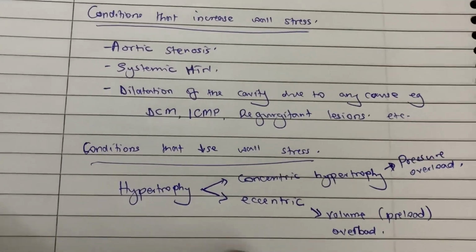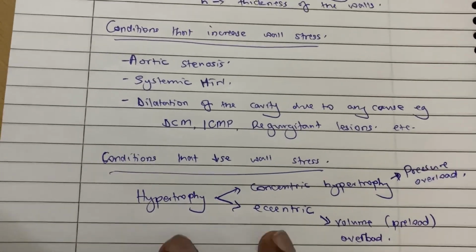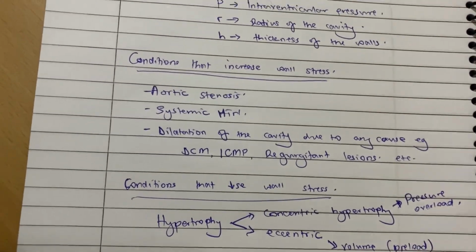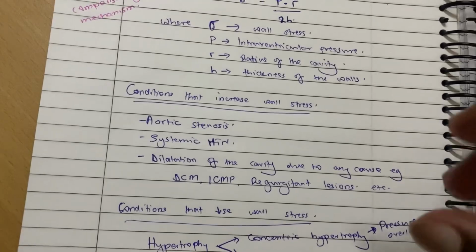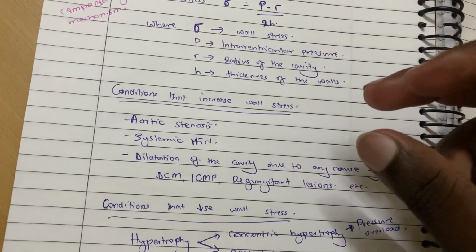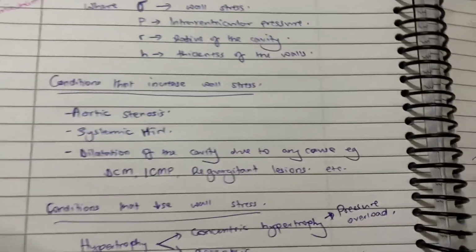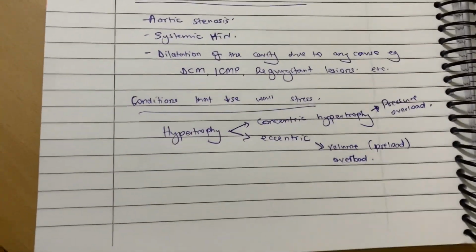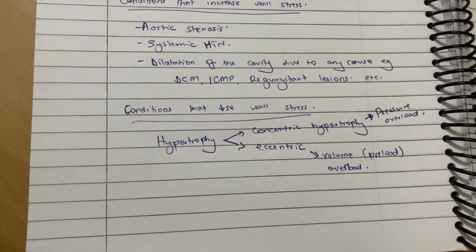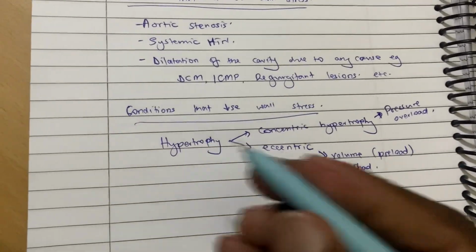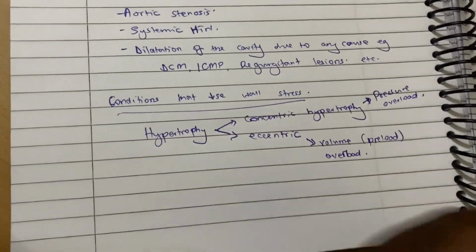So these two hypertrophies are compensatory mechanisms to reduce wall stress. Why is wall stress important?